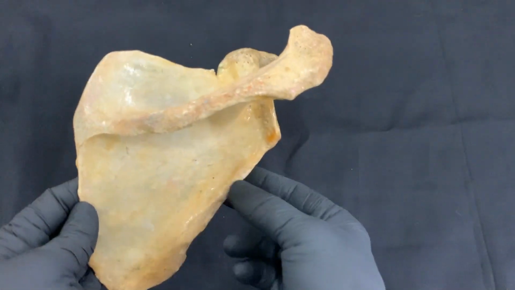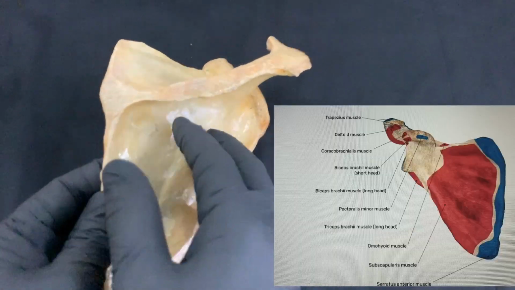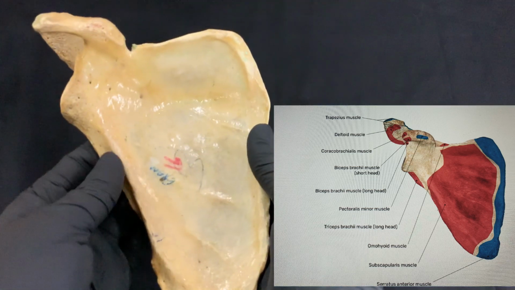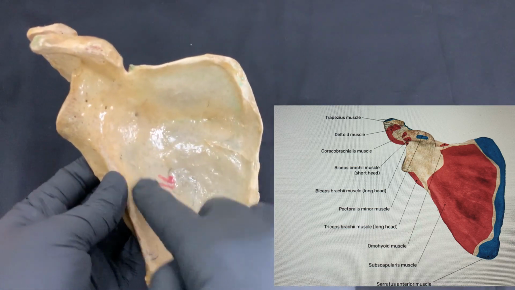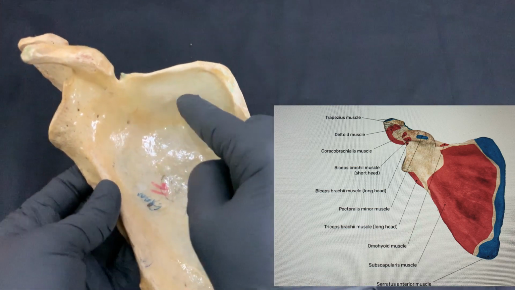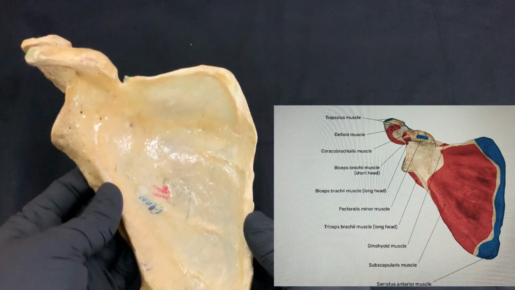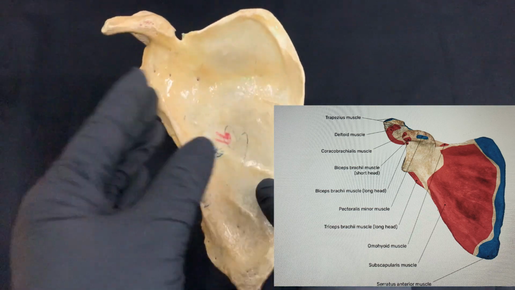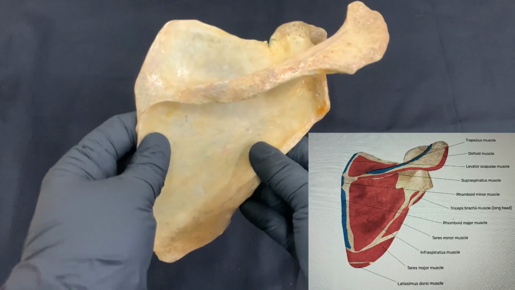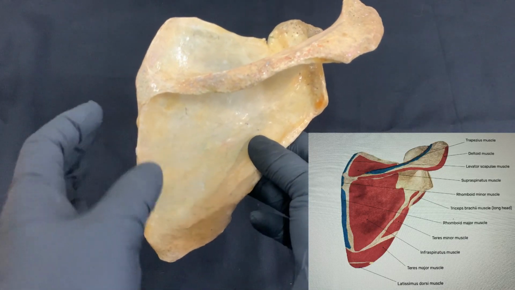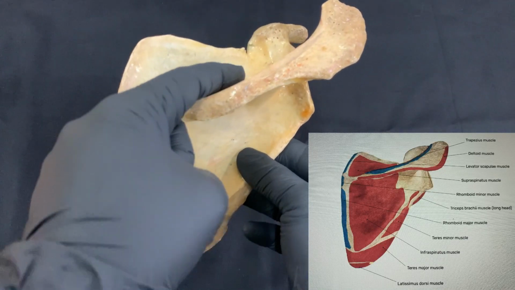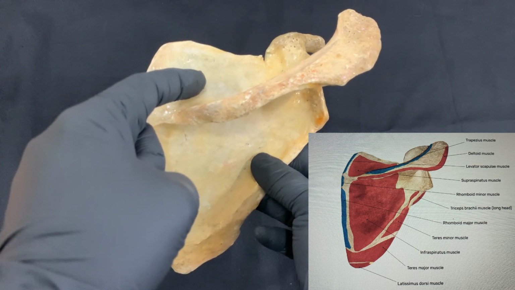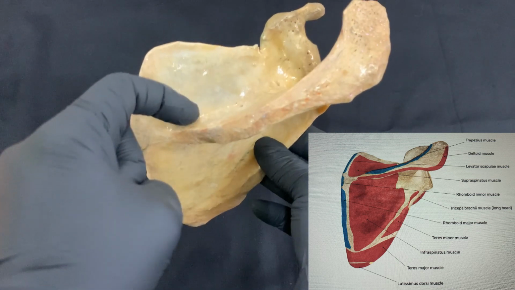Attachments on the scapula. The multipennate subscapularis muscle arises from the medial two-thirds of the subscapular fossa. The supraspinatus arises from the medial two-thirds of the supraspinous fossa, also from the upper surface of the spine.